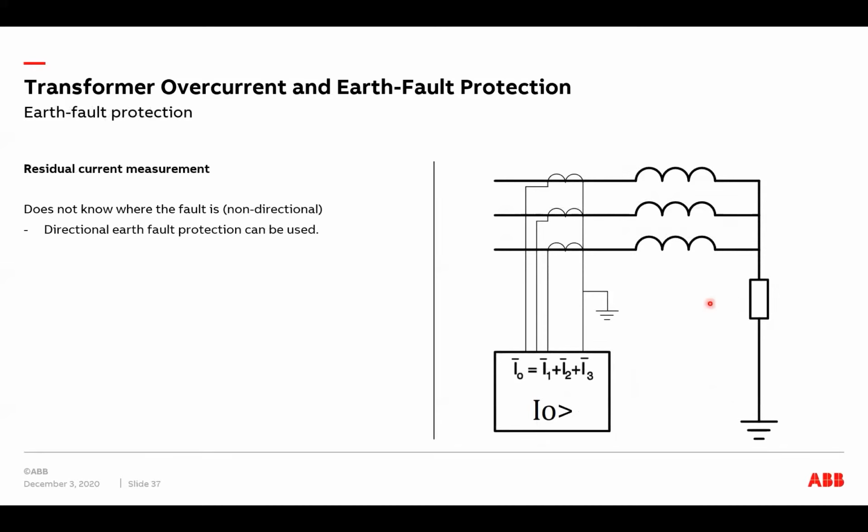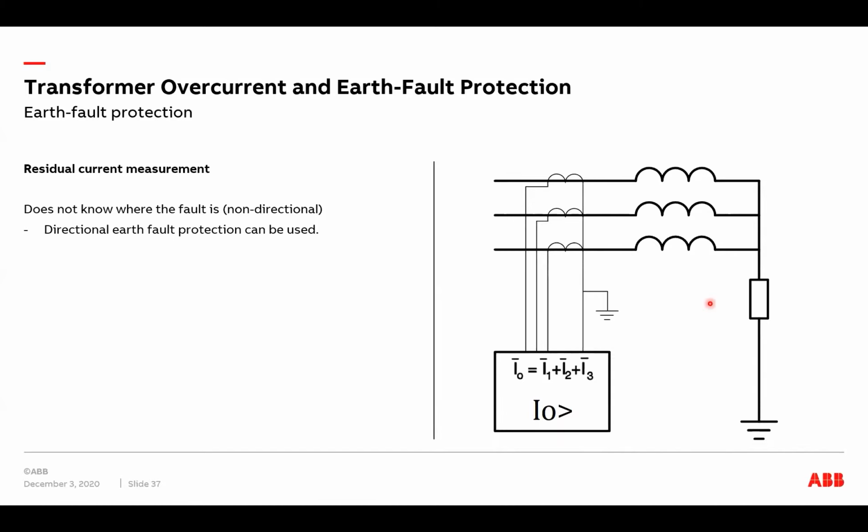One second alternative here is to either measure or calculate the residual current based on the current from the phase CTs. But the situation here is the same. The earth fault protection cannot say if the fault is inside the power transformer or outside the protected zone.